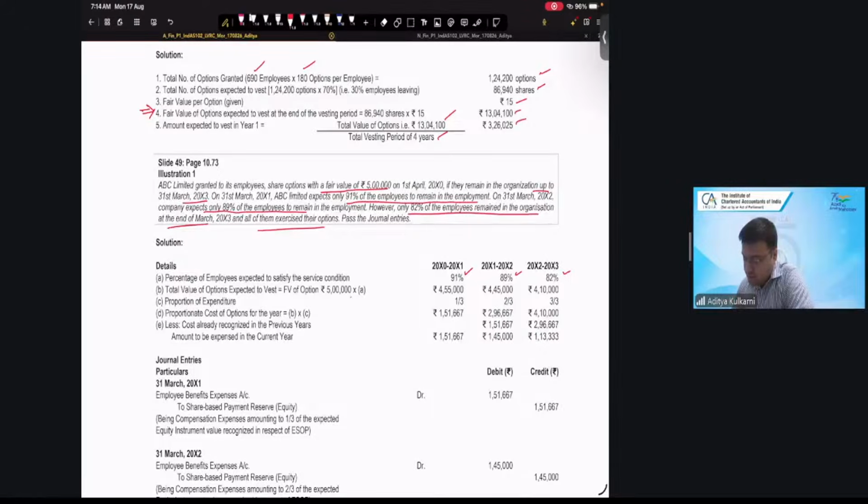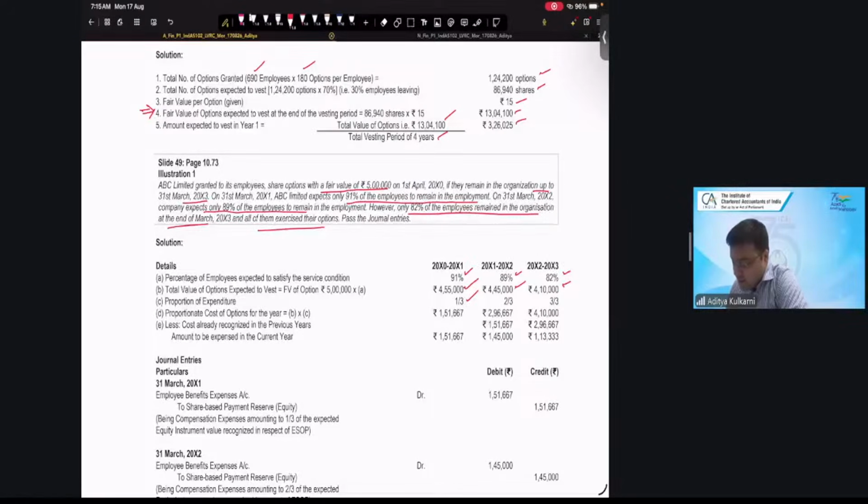Total value of options expected to vest: 5 lakh into 91%, that is 4 lakh 55,000. Okay. Now, this is over a 3-year tenure. So if it was there for the entire tenure at 91%, your total expense would be 4,55,000. But this is only 1 year, so it will be into 1 by 3.